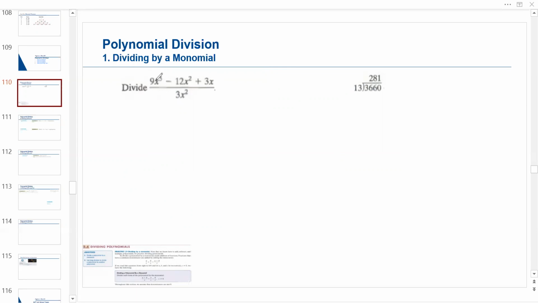Like this example. First, in the numerator, they have 3 terms, and the denominator has only 1 term. We cannot combine this first, right? Because they are not like terms. They cannot combine right away. So what do we have to do? We do each of them separately. We rewrite it.